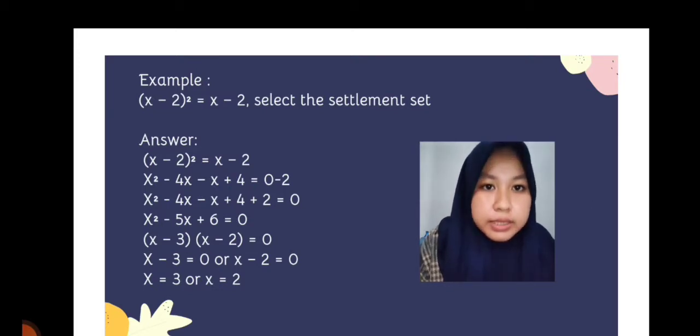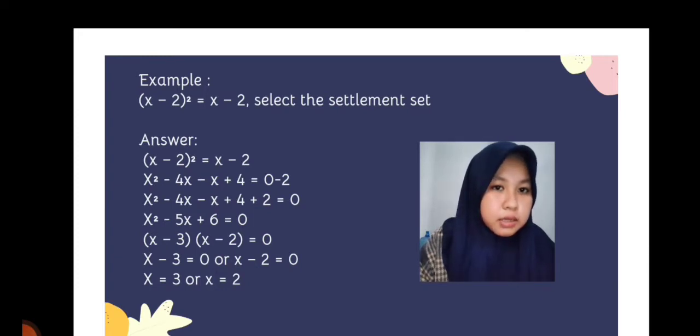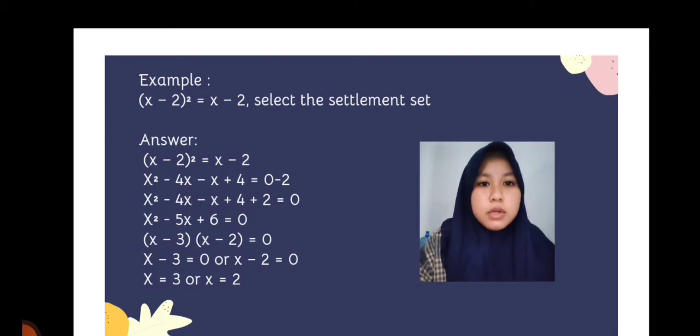Then x squared minus 5x plus 6 equals 0. Okay, next. Then x minus 3 times x minus 2 equals 0. x minus 3 equals 0 or x minus 2 equals 0. x equals 3 or x equals 2.